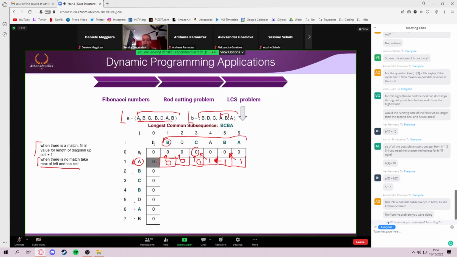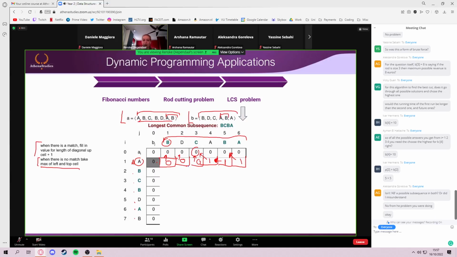Yeah, so AB would be a possible subsequence, but we're looking for the longest one. So this is not a final answer yet. We need to fill the whole table to see if we can find the longest one. But yeah, that would be an answer. You just don't know for sure if it's the longest one yet.